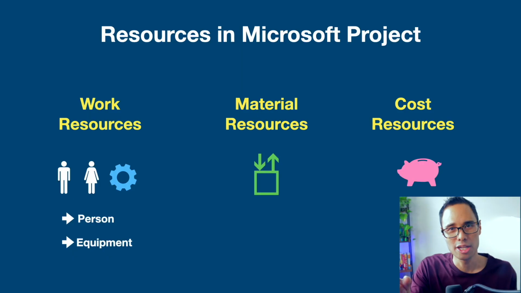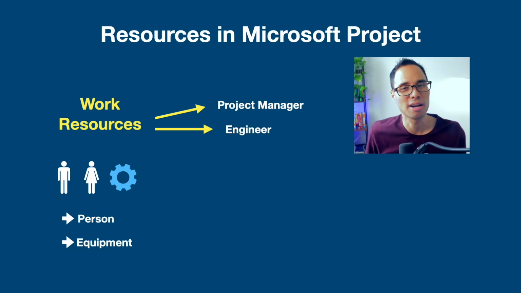In Microsoft Project, you assign a work resource to either a person or an equipment that's performing the work. And you'll assign these work resources to the task in your project so you can see the resource capacity, or how much that person or equipment is being used. So let's say that you have a project manager and an engineer in your project.